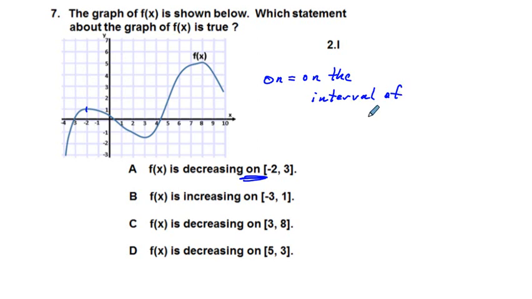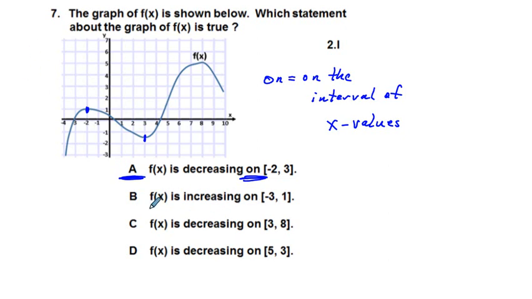And interval has to do with x values. And so if we say the function is decreasing from where x equals -2 to where x equals 3, A looks like it could be a right answer, but let's go ahead and make sure and eliminate the other possibilities.